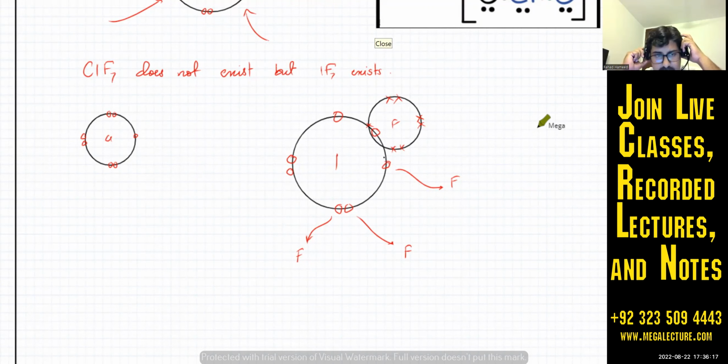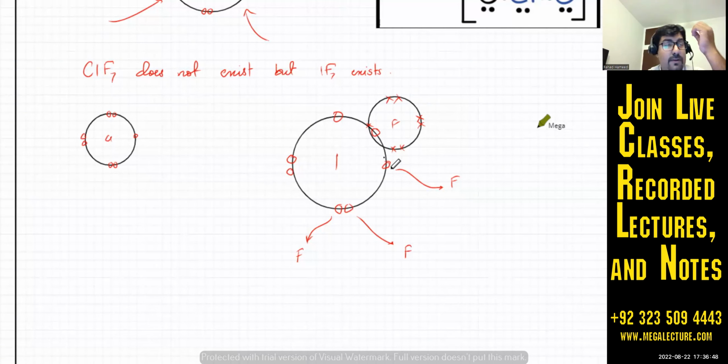So, Zuiba, I was just explaining that bigger atoms usually form more covalent bonds, because they don't hold onto the electrons very strongly. So if somebody wants to share those electrons and slightly pull them towards themselves, like fluorine comes in and tries to pull them a little towards itself, they'll allow that to happen.